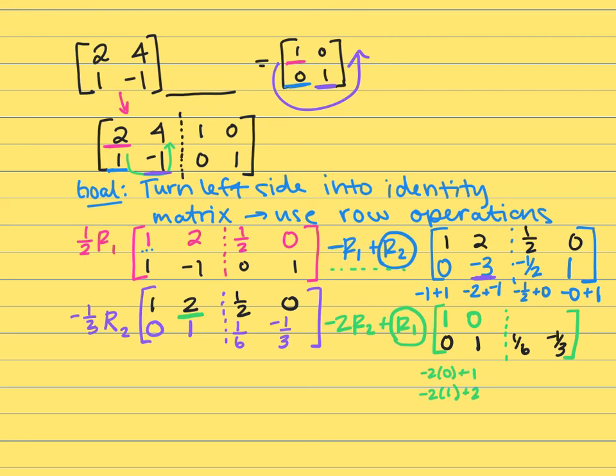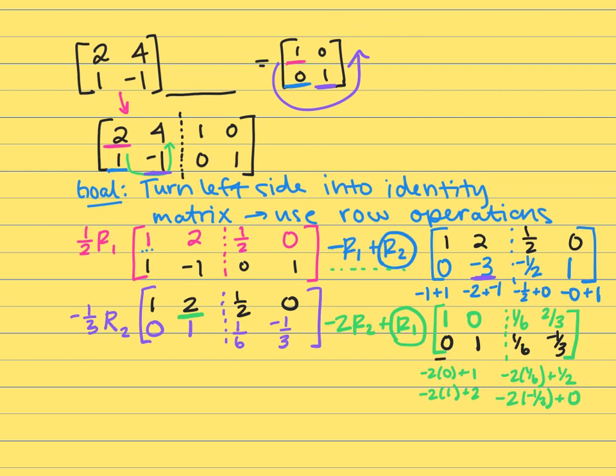Move on over, negative 2 times 1/6 plus 1/2. So negative 2 times 1/6 would be negative 2/6 plus 3/6 be 1/6. And negative 2 times negative 1/3 plus row 1, which is 0. Negative 2 times negative 1/3 is a positive 2/3.